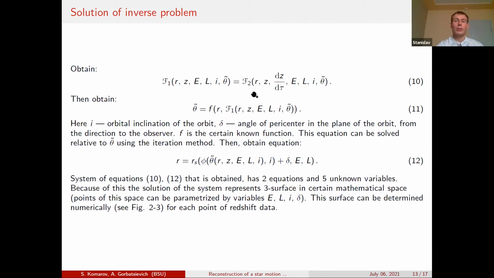The first formula we can also use for applying the standard least squares method for the solution of the inverse problem. And the other expressions we can use to obtain a starting value for the least squares method.